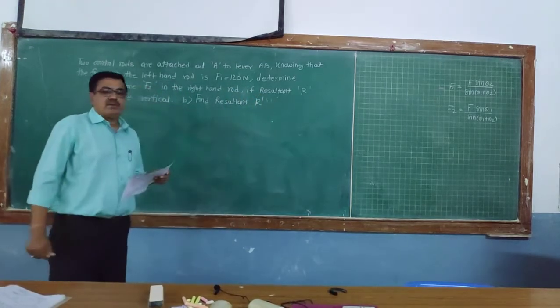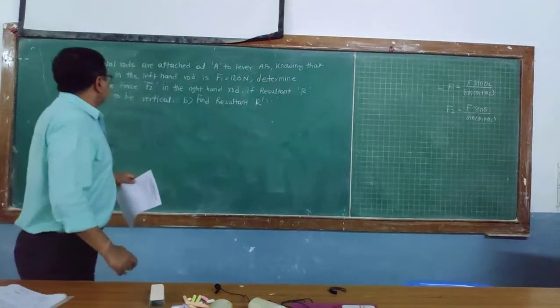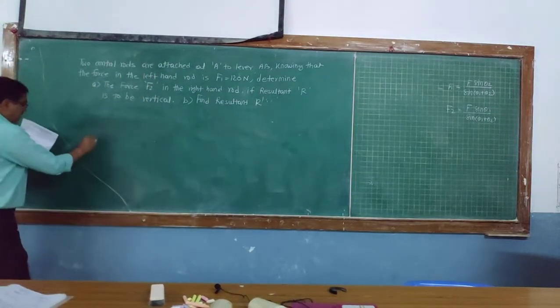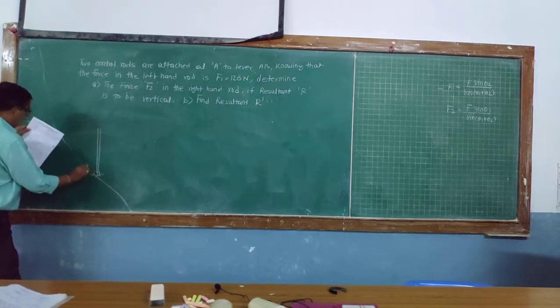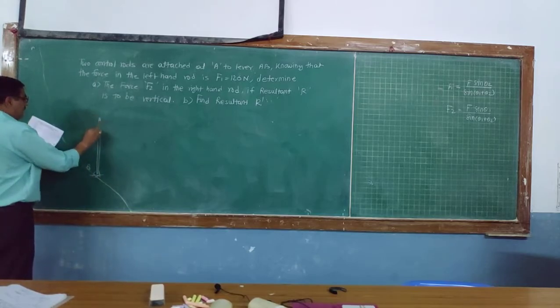So this is our problem. Okay. So the figure is given, a control rod at point A.